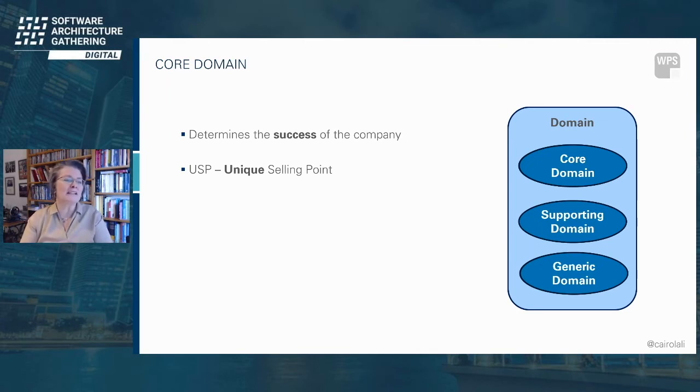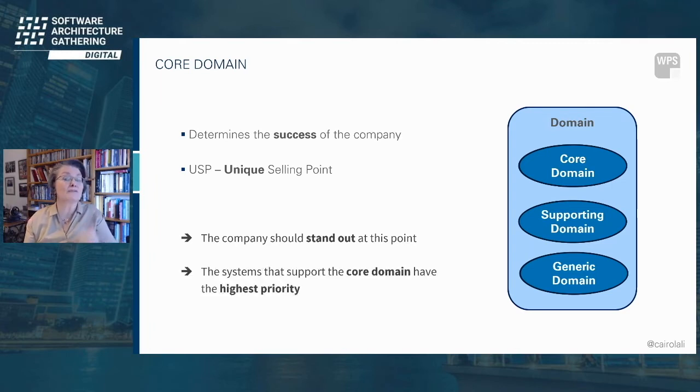For our company, the core domain where we are the best, where we distinguish us from other companies, this is our unique selling point. And to keep it that way, the company needs the best possible software solution in its core domain, so that the company can stand out at this point. Everybody will see, wow, they are perfect. The system or the systems in the core domain therefore have the highest priority.